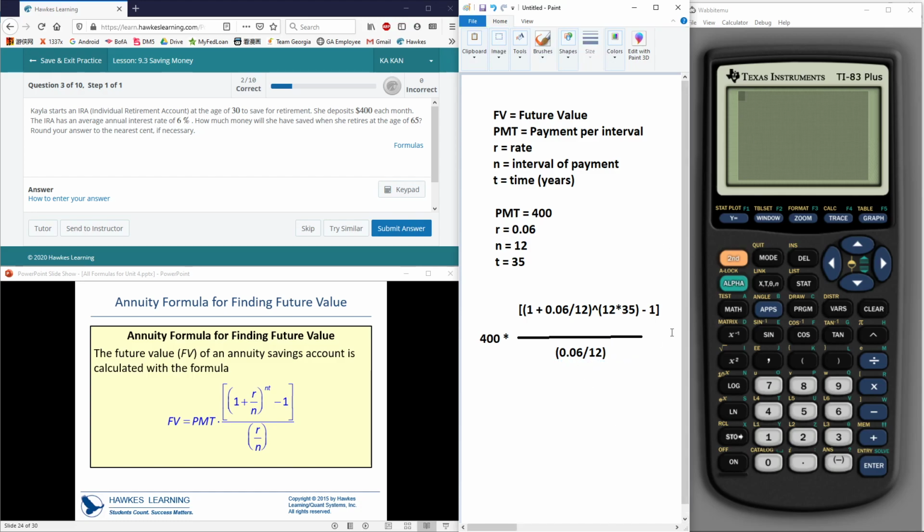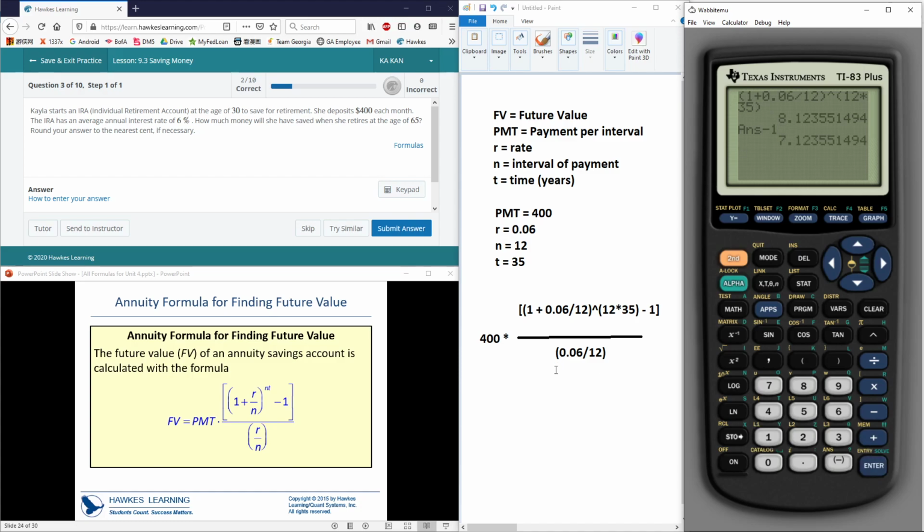I'm not going to try to put all this in the calculator in one shot. What I would do is figure out what the top is first. So I will have 1 plus 0.06 divided by 12, and then raise it to the power of 12 times 35, just to see what that equals, and then minus 1.